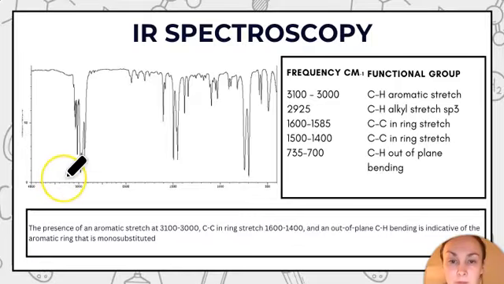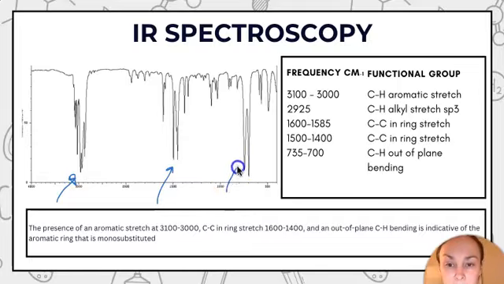For example, we could see at 3100 to 3000 the presence of the aromatic carbon-hydrogen stretch. We can also see carbon-carbon stretches that are indicative of aromatic rings.